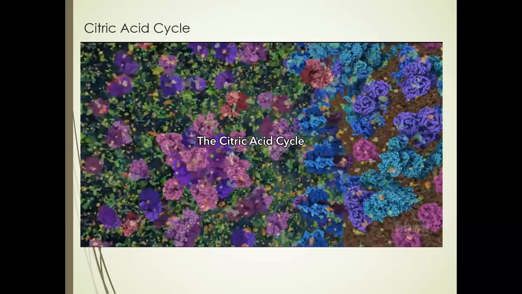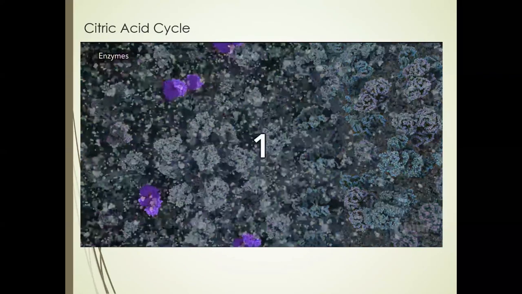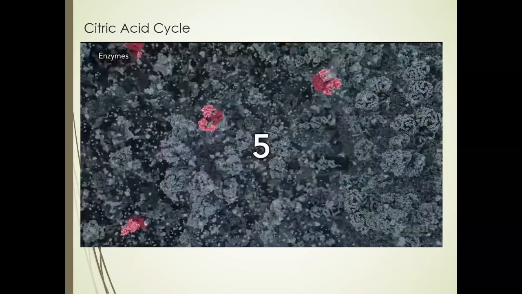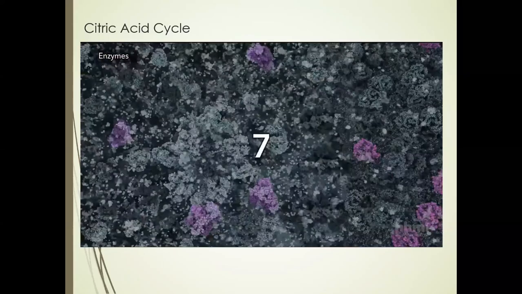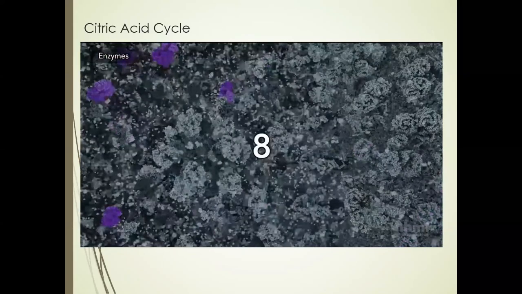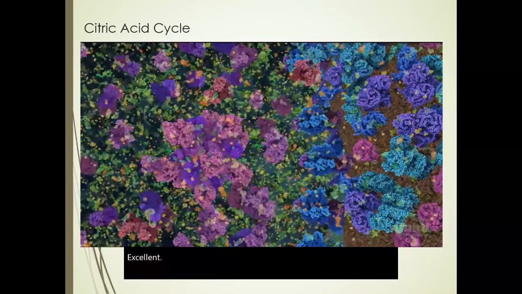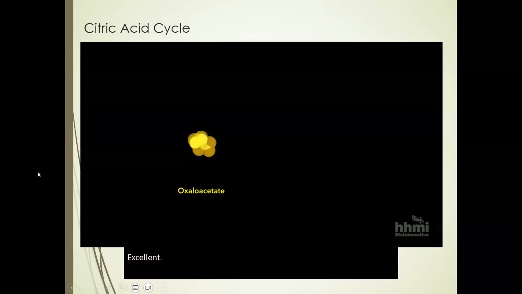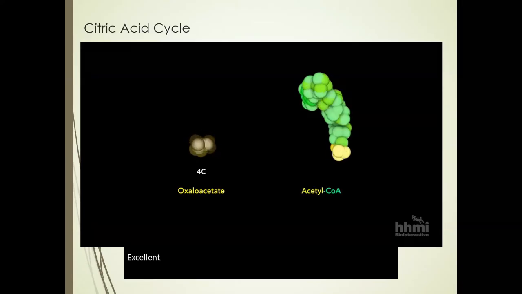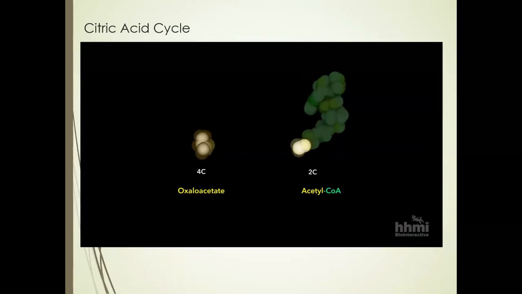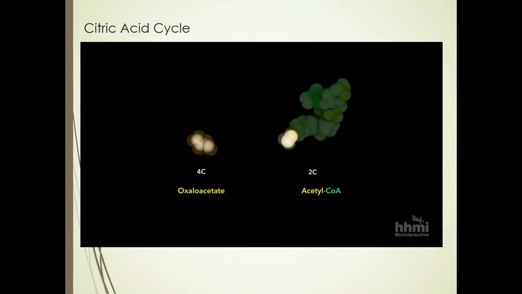The 8 steps of the citric acid cycle gradually break apart two carbon atoms from glycolysis, capturing liberated electrons for the electron transport chain, while generating carbon dioxide as waste. The citric acid cycle starts with the end product of a previous cycle, the 4-carbon molecule oxaloacetate. New carbon enters from glycolysis in the form of acetyl-CoA, a 2-carbon acetyl group attached to coenzyme A.